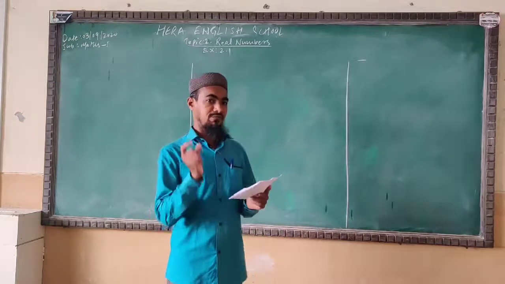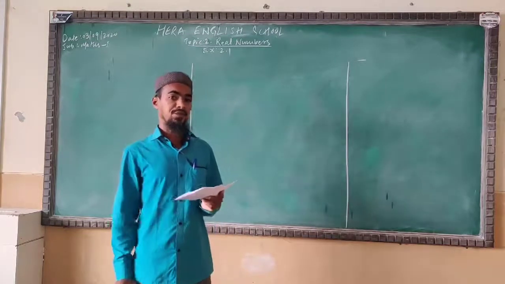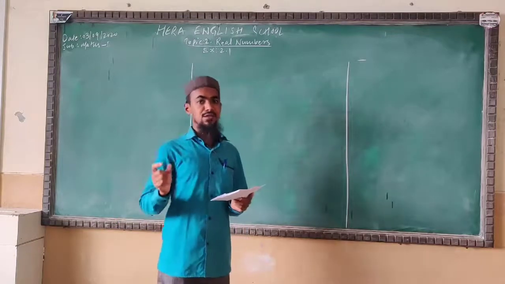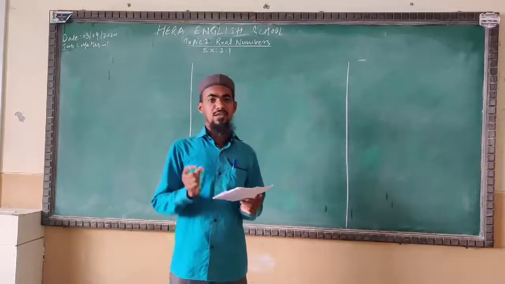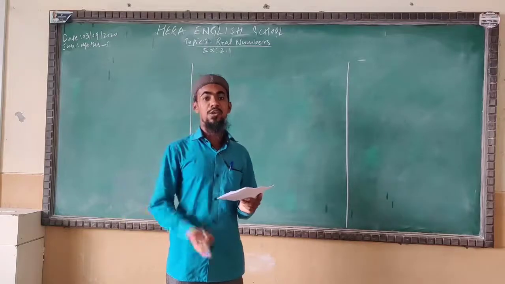So you can say the finite decimal number is called terminating. If its decimal point is continuously not completed in the division, you can say that is non-terminating, or you can also say recurring.